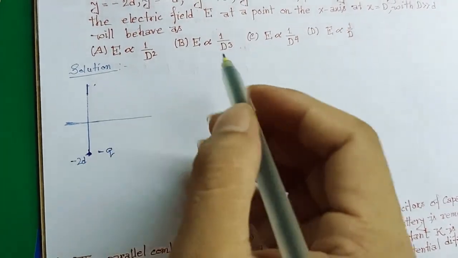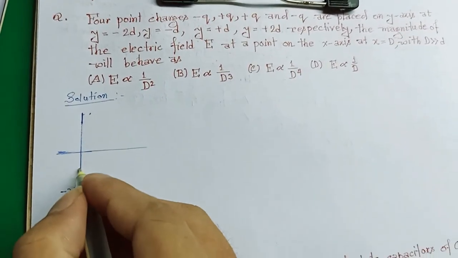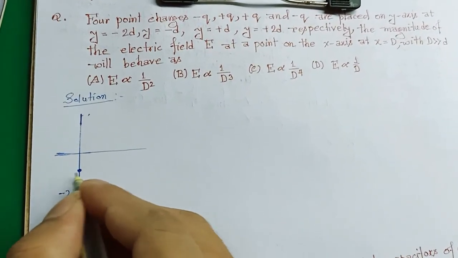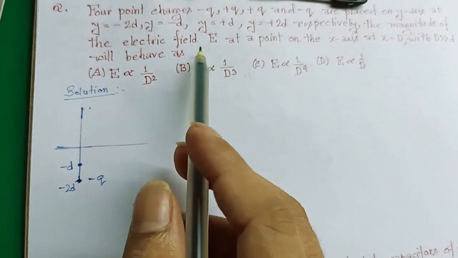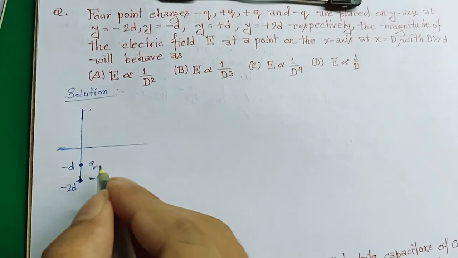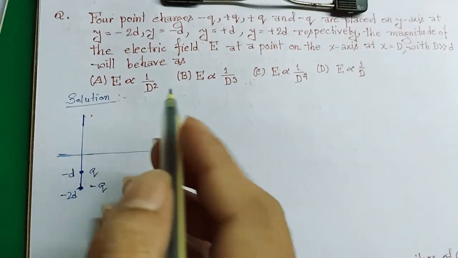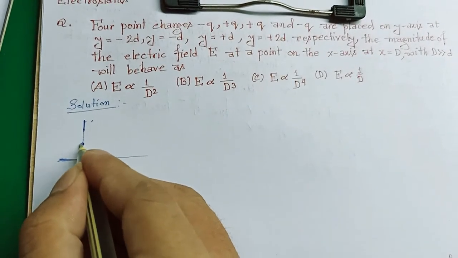and there is a charge at point y equal to -d. Let this point be y equal to -d, and the magnitude of this charge is equal to q. And there is another charge which is placed at a distance y equal to d.